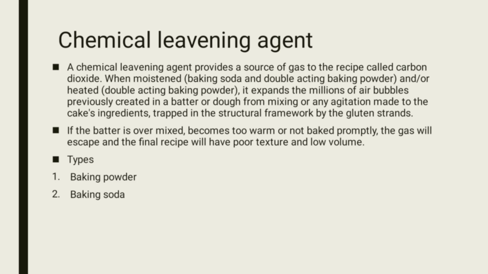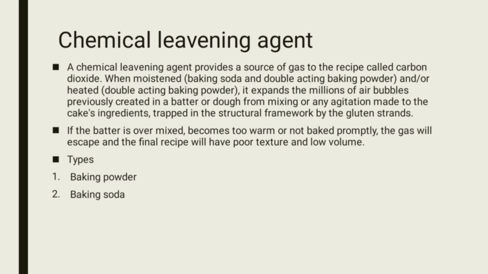When moistened and heated, baking soda and double acting baking powder expand the millions of air bubbles previously created in a batter or dough from mixing or any agitation made to the cake's ingredients, trapped in the structural framework by the gluten strands.